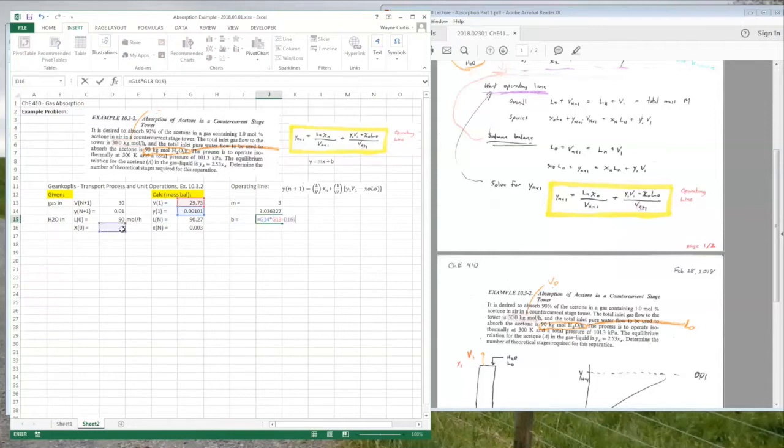That quantity will then be divided by the vapor, V n plus 1, so we'll just go ahead and grab that as well.